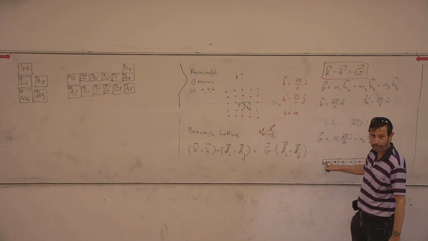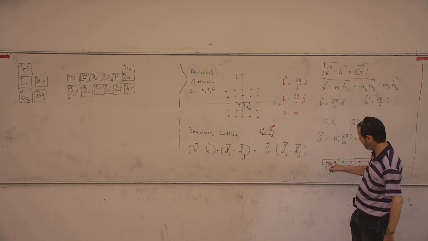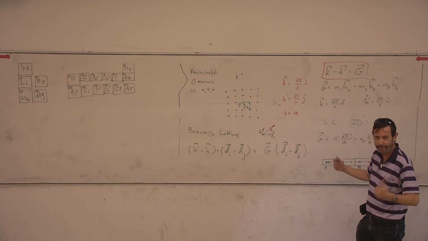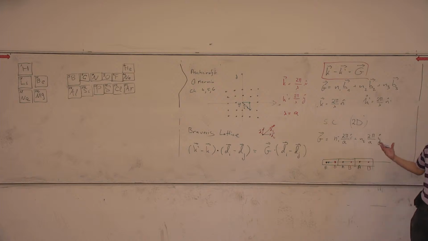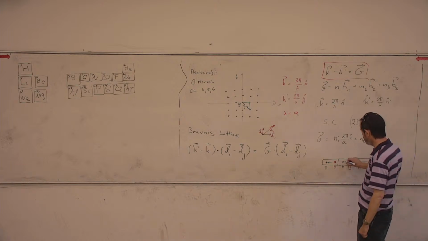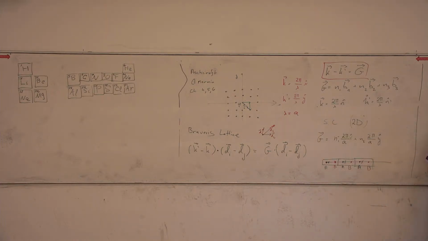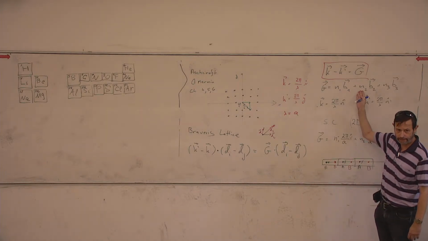Well, it's stupid because it would have been mathematically simpler to put it on the A or on the B, but now for illustration I'll put it somewhere between A and B. For these blue axes, I have a lattice. So that's my lattice. Now I go and calculate the reciprocal lattice, right?